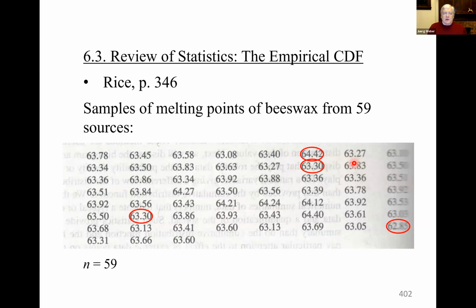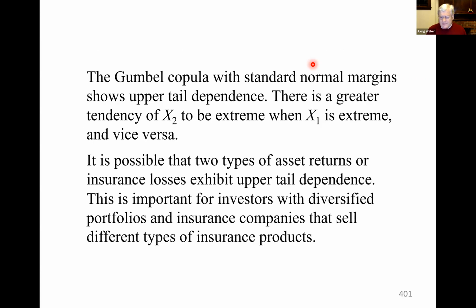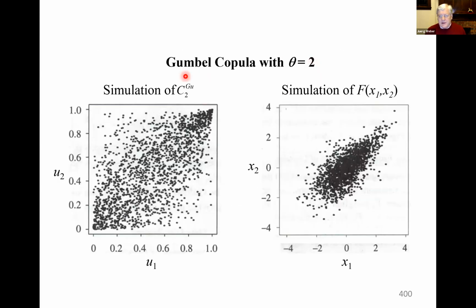Now, for the next topic, we need to know a bit of statistics, the concept of the empirical CDF. And then we can use that, and we can discuss how we estimate the parameters for the copulas. You see, in those two simulations that we did here, in this simulation of the Gumbel copula, I assumed that I know the parameter of the copula.